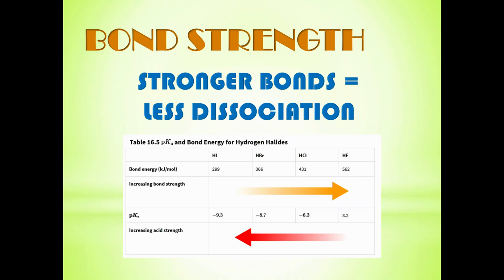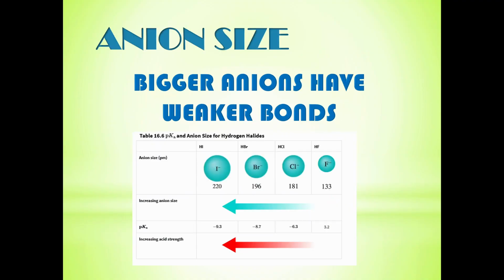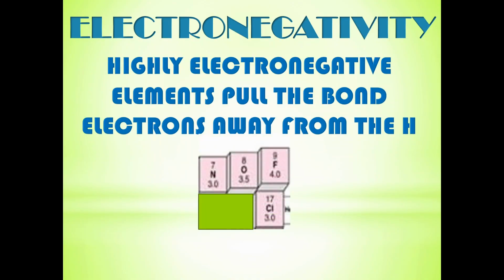So a short bond, a strong bond will lead to a weaker acid. And as I just said, the size of what's attached to the H plus makes a difference. The bigger anions have weaker bonds. Electronegativity makes a difference as well.